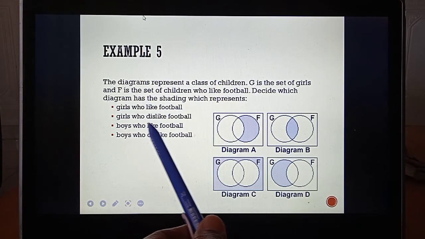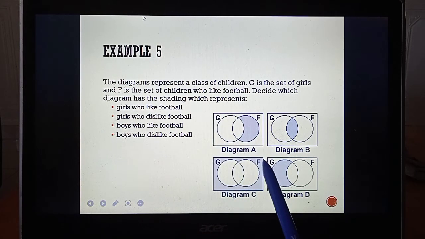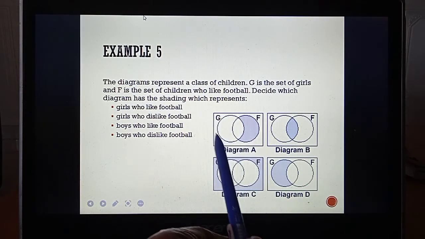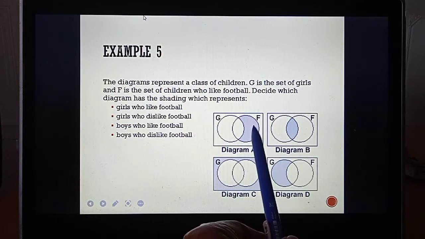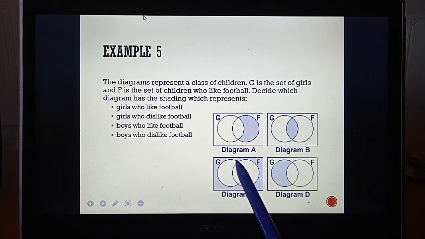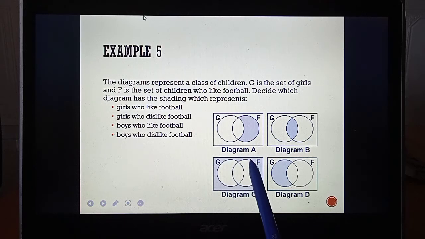Now, boys who like football would be outside the girls area and inside the football area. Should be diagram A. And now, boys who dislike football. Boys is outside the girl area, and also dislike football also outside the F area. So it will be this diagram.